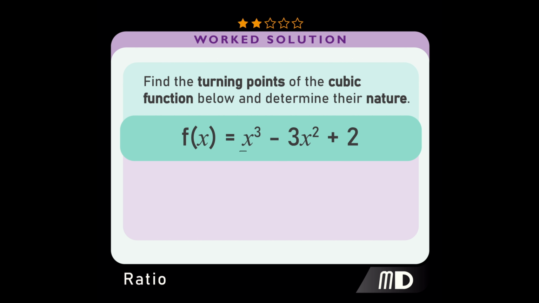So x cubed becomes 3x squared, and minus 3x squared becomes minus 6x, and 2 becomes 0. So the first derivative f dash x is equal to 3x squared minus 6x.